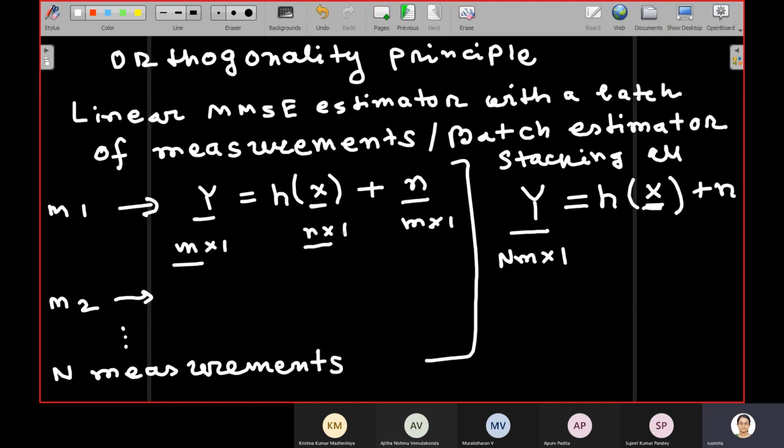But that may not be the case always. So let's assume that x is also changing and we consider all the x vectors. So for x we have capital N, and then for n we have again capital N.